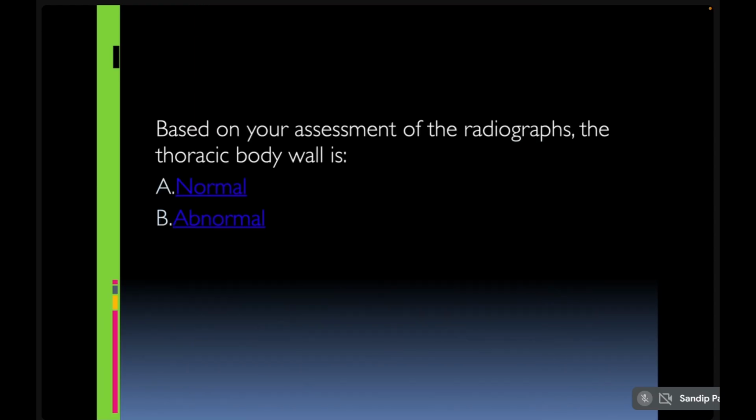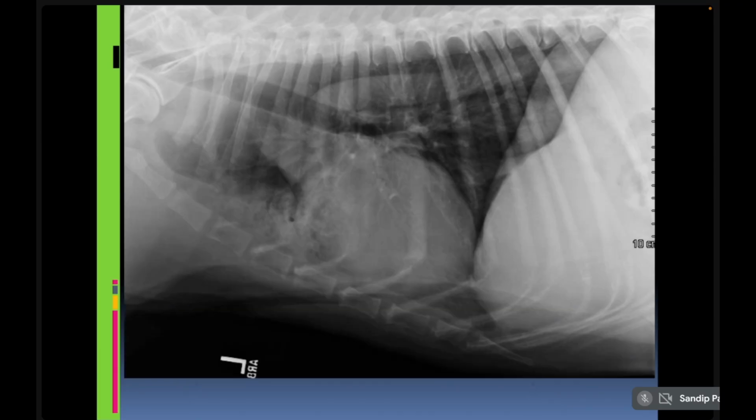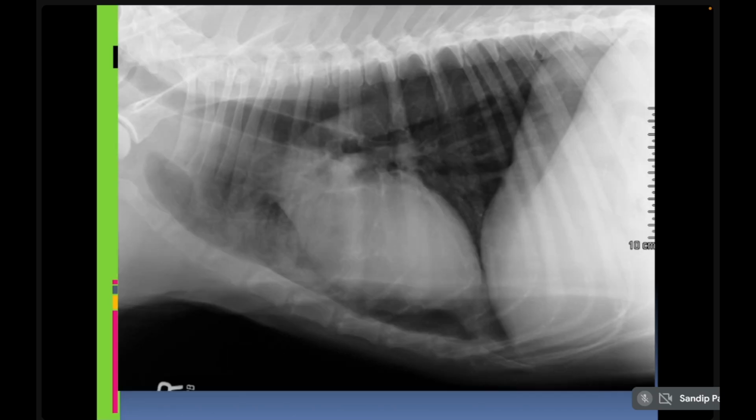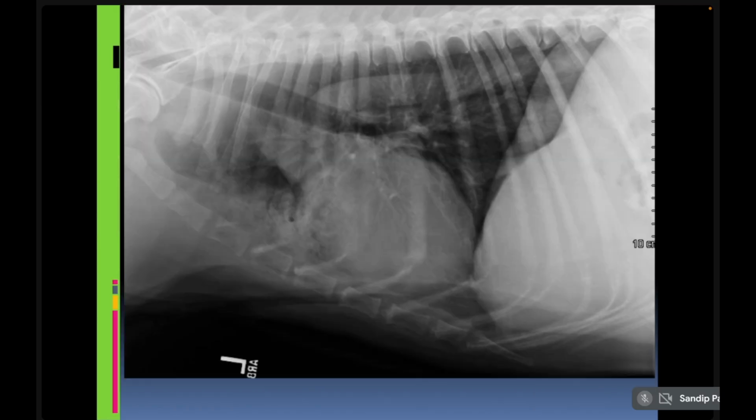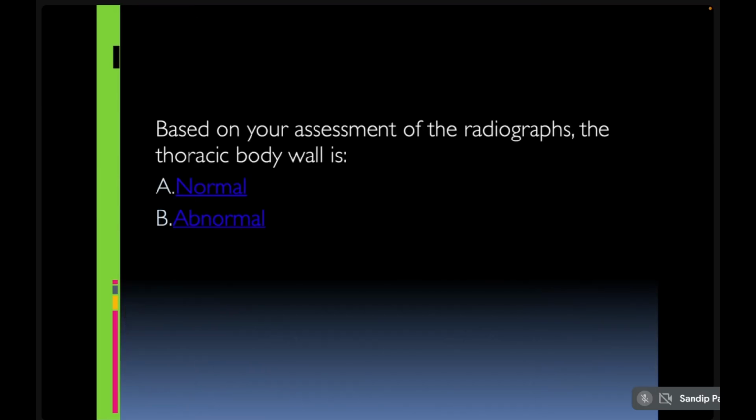Based on your assessment of the radiograph, the thoracic body wall, we are talking about the body wall, thoracic body wall, right? Now we are not talking inside, we are talking about the outer part. So thoracic body wall is normal or abnormal?